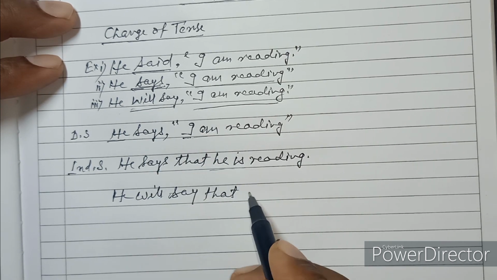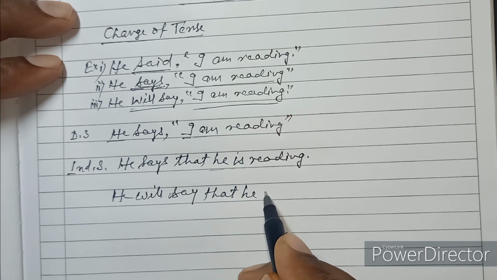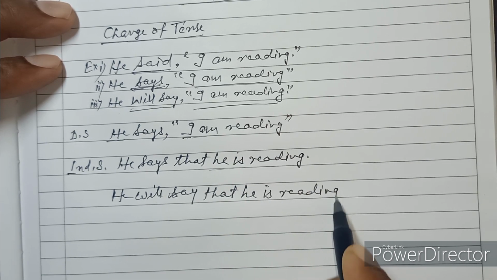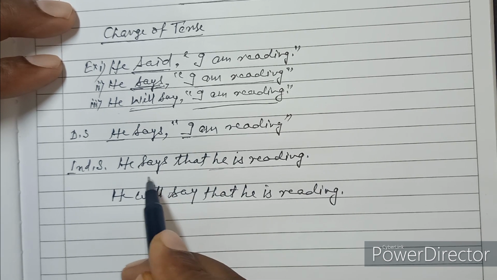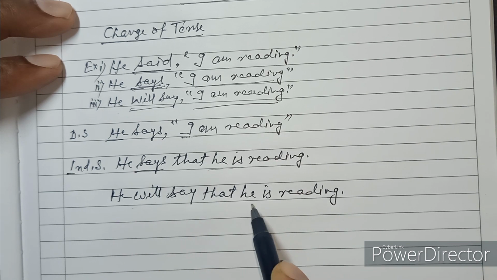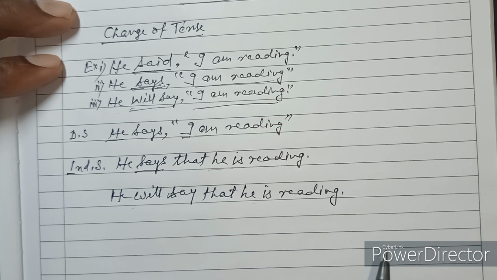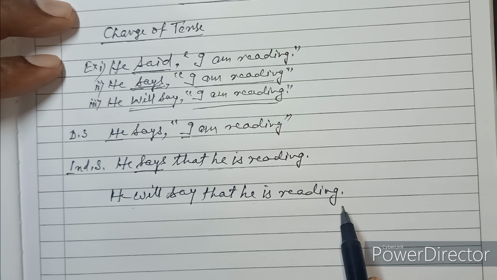I will change into he, am into is, reading. So we know that when the reporting verb is present tense and future tense, the tense of reported speech is not changed. It remains constant. Only we change the pronouns, not the tense.